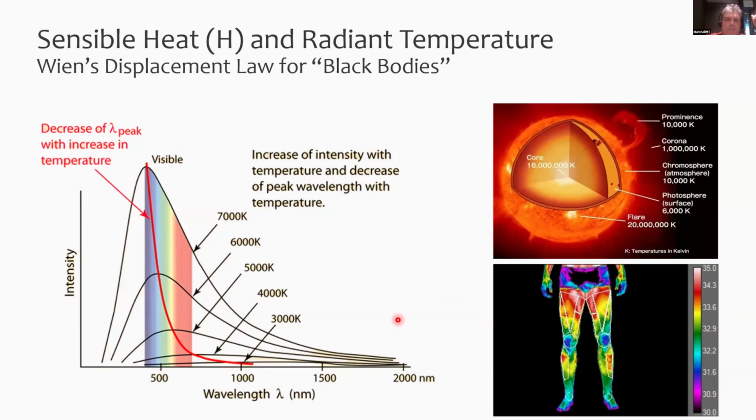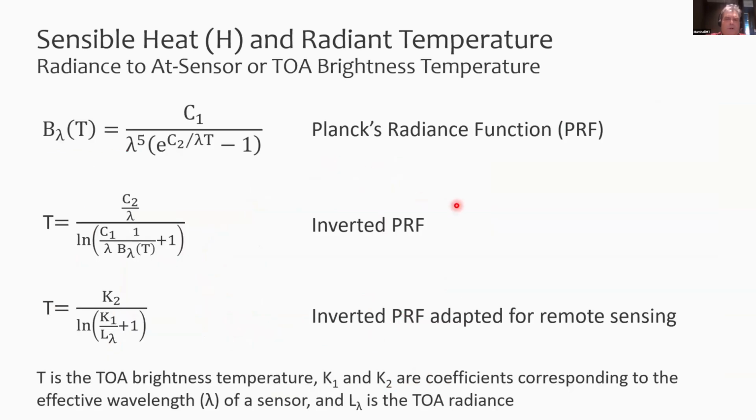Basically, we use this relationship to relate radiance to temperature. And as Martin showed in his presentation, this is expressed in functional form, Planck's radiance function. You can see it expressed here. This is radiance B as a function of temperature T in Kelvin. And then if you invert the PRF, you get your temperature in terms of radiance.